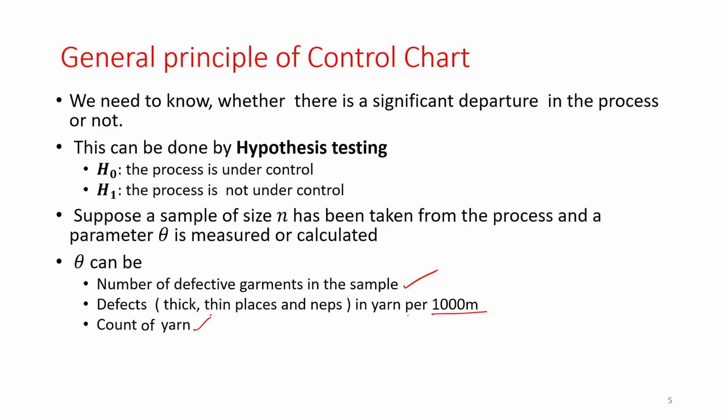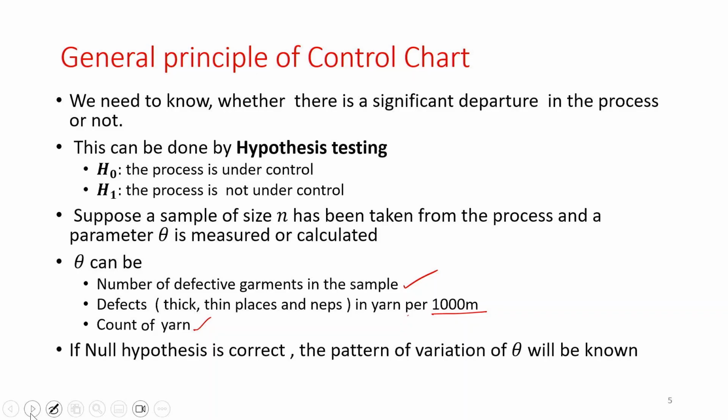Maybe we are trying to produce a count of 30 tex, so we keep taking samples every shift, or maybe at an interval of 4 hours, whatever can be decided by the manager. And if we do that and keep a record, that could also be a parameter of the process, that is count of yarn.